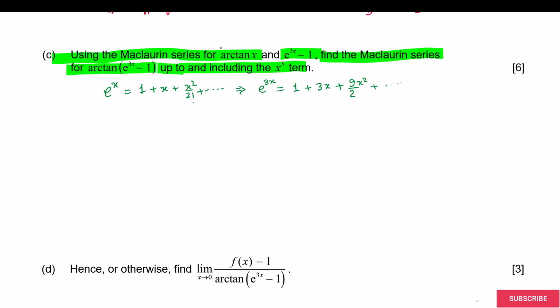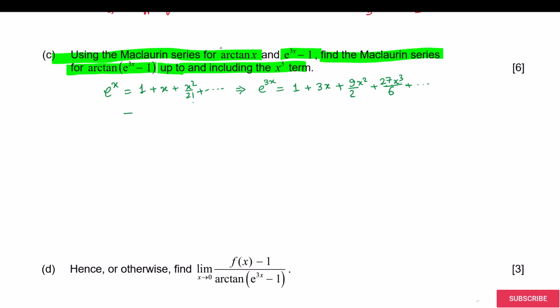Okay, we need the cube, so we can write one more, but I don't think it would be required, but it's okay, we'll write it. The third one is x cubed over 3 factorial. So here the 3x cubed is going to be 27x cubed over 3 factorial, which is 6, plus and so on.